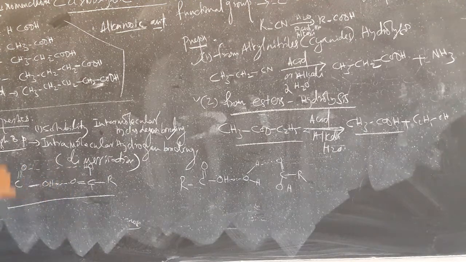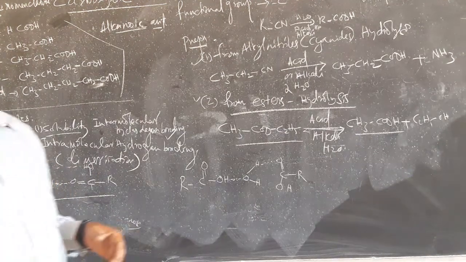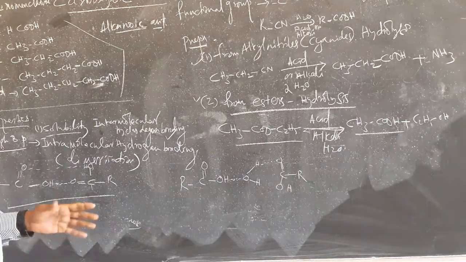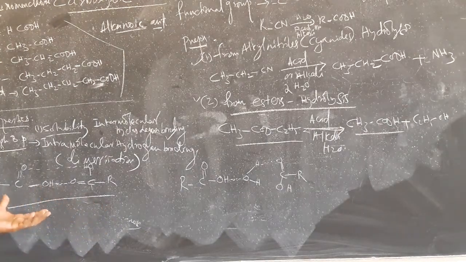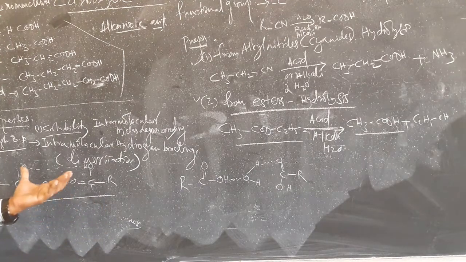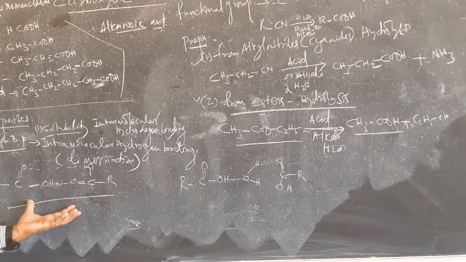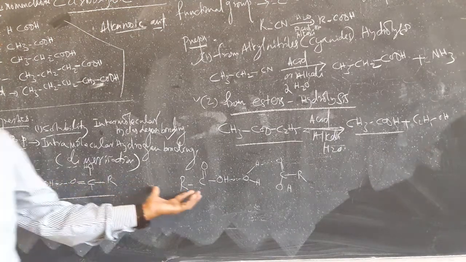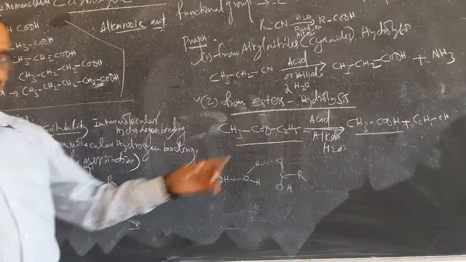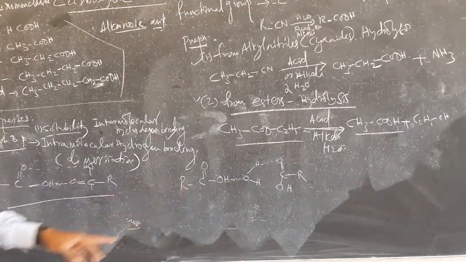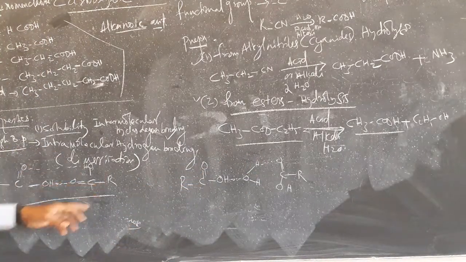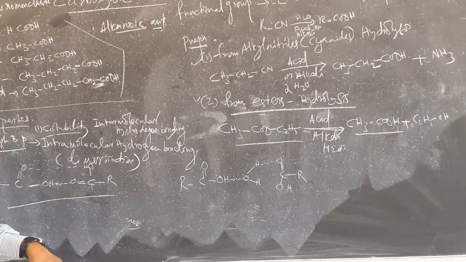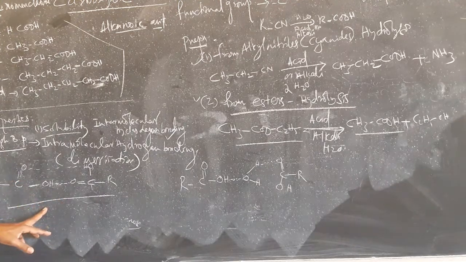So we can say a high extent of hydrogen bonding can be explained between two acid molecules. This is in between the acid molecules. This is not in between; this is with water molecules. Therefore, this is inter and this is intra, intramolecular hydrogen bonding.